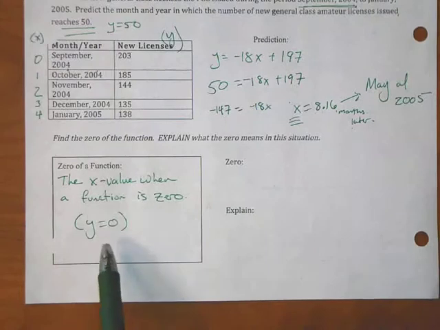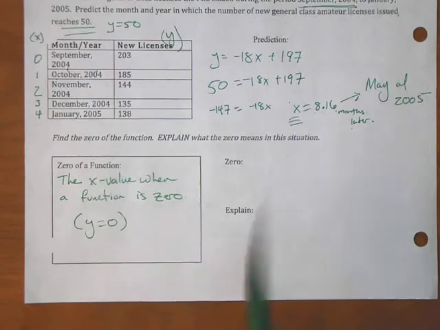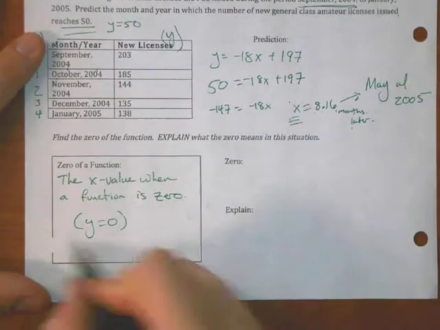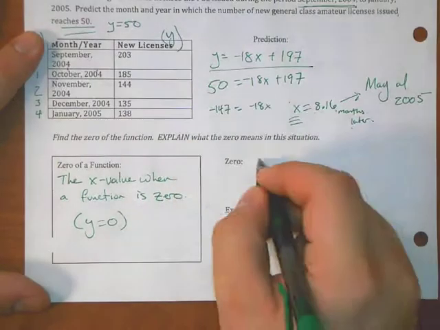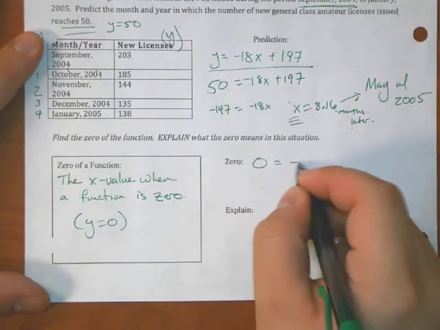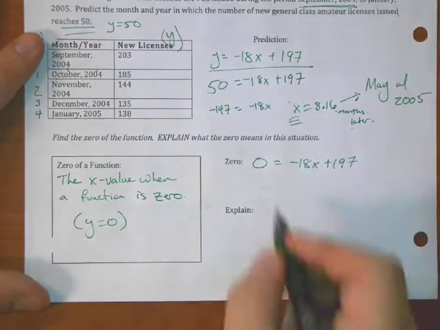The zero of a function is what x is when y is 0. How would we find the zero of our function? Well, it's when y is 0. So we could say for our graph, what if 0 is equal to negative 18x plus 197.